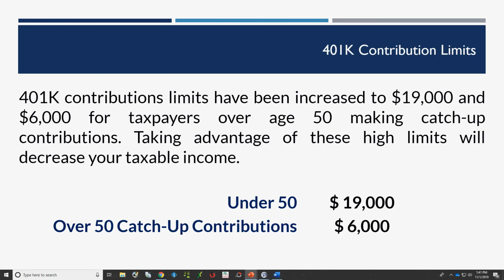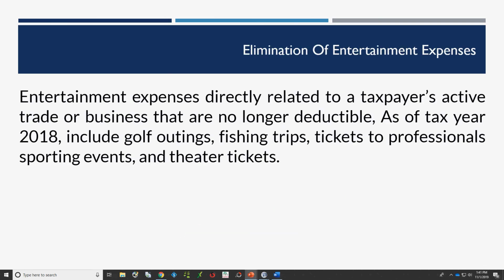Taking advantage of these high limits will decrease your taxable income. So hopefully your customers did this last year. If not, this is something that you can coach them on in the coming year.